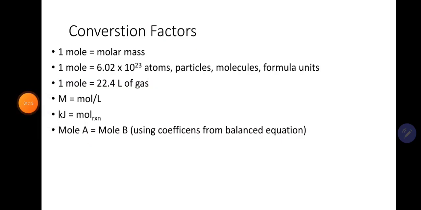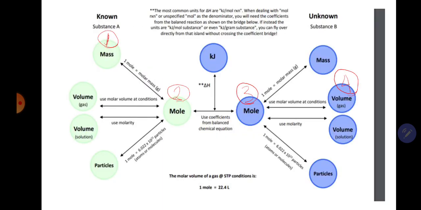If I'm going to use my conversion factors, I know that I need 1 mole is molar mass because that's grams. That's going to get me from the mass of hydrochloric acid to moles. And then I'm going to have to go from mole to mole because based on our map, from here we're going to go from mole to mole.